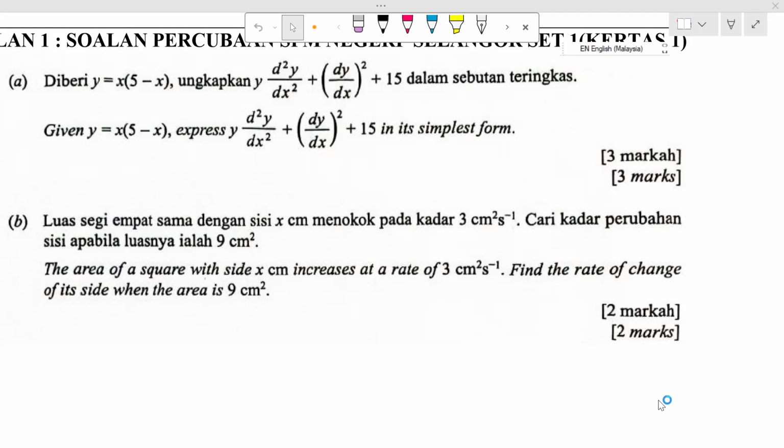I have a question. Yes. It says express y times the second derivative, right? Do I take the y as x times 5 minus x, or I just take the y? Yeah. Of course, at the end of the day, it will be in terms of x, lah. All right. In terms of x, okay?